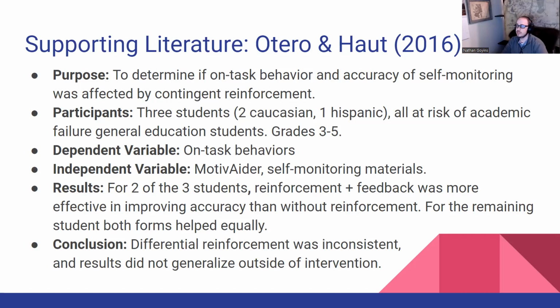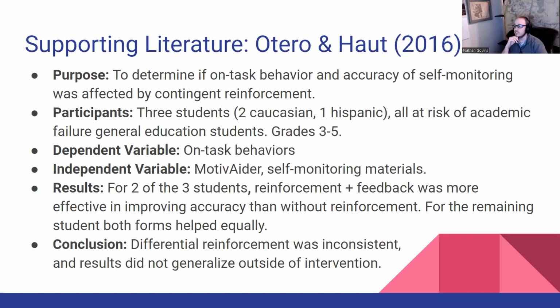For 2 of the 3 students, contingent reinforcement with the self-monitoring caused more improvements than without the reinforcement, just the self-monitoring and Motivator. The remaining student had pretty much equal results across the board.